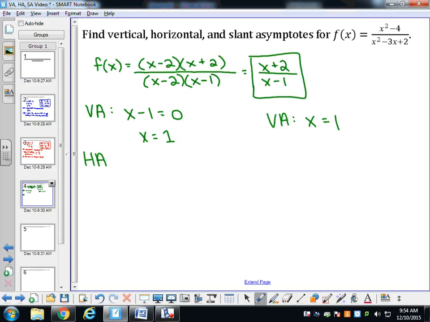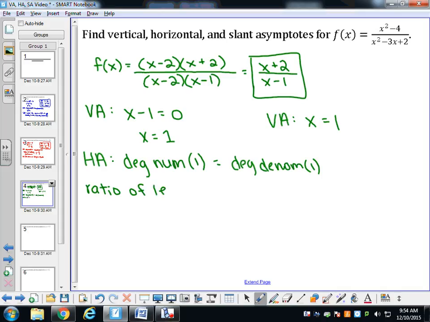For my horizontal asymptote, I compare the degree of the numerator, which is 1, to the degree of the denominator, which is also 1. So these degrees are equal. So again, I must set up the ratio of the leading coefficients.